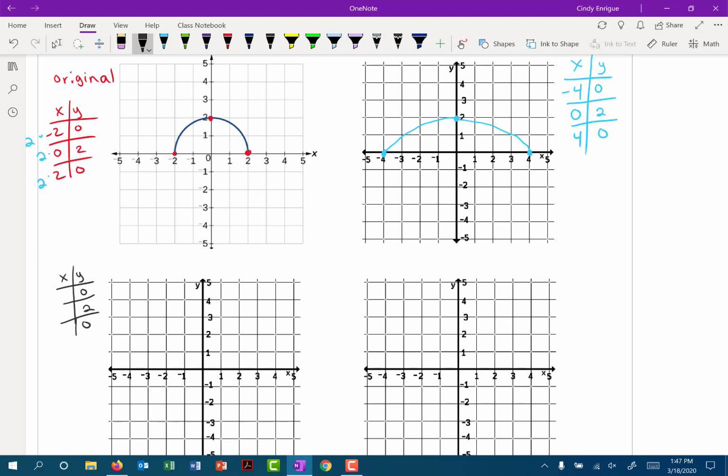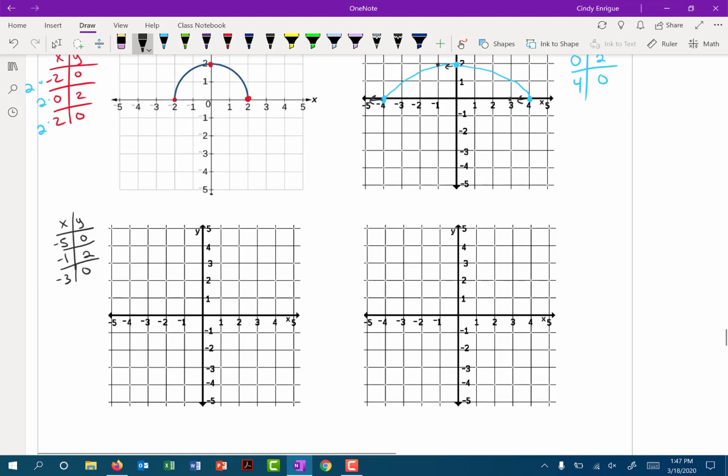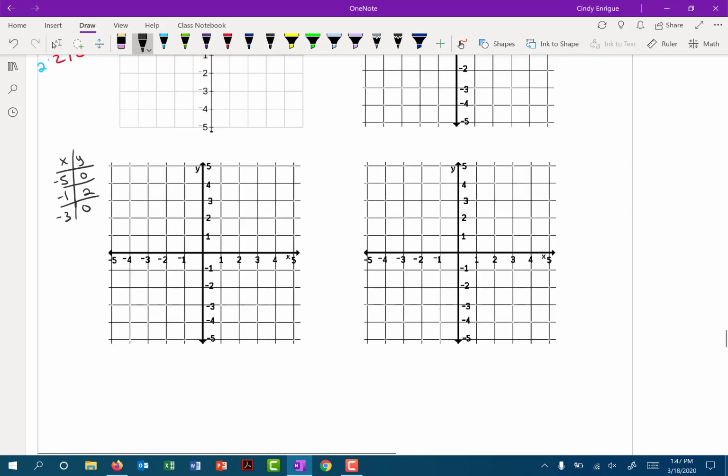So on my x values over here, I'm going to shift them over by 1. So now that becomes a -5. And I shift it over by 1, now I have a -1. And I shift this over by 1, now I have a -3. So now I have my new points.